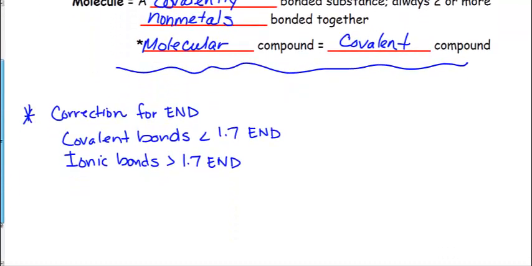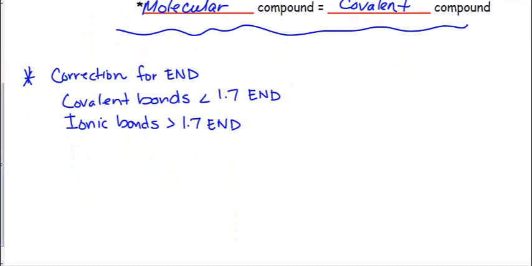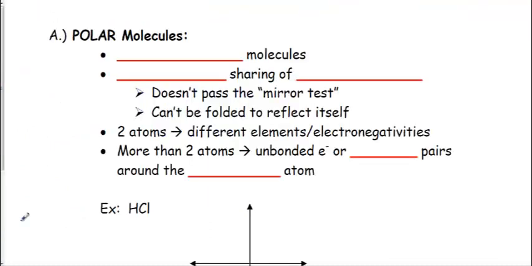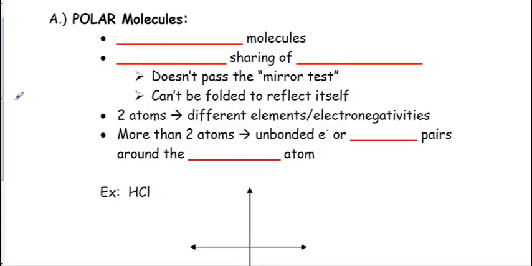Now, the shape of these molecules can tell us a lot about the behavior, as well as whether they're going to be polar or nonpolar, and I'm going to give you a little mnemonic in a little bit to help you remember. So polar molecules are asymmetrical molecules, which means that there is no line of symmetry, there is an unequal sharing of electrons, and it means basically it doesn't pass the mirror test, can't be folded to reflect itself on either side.